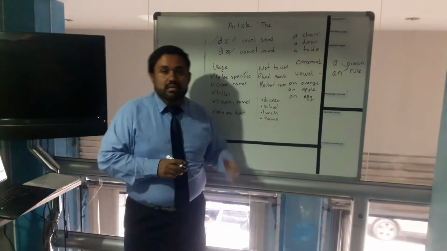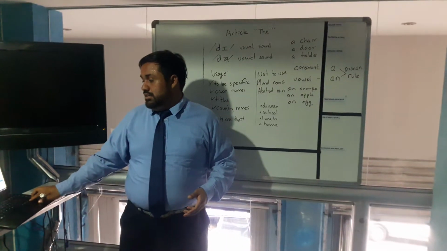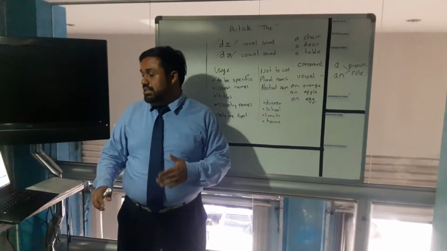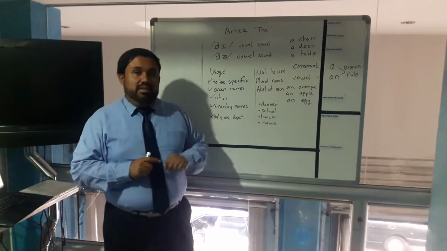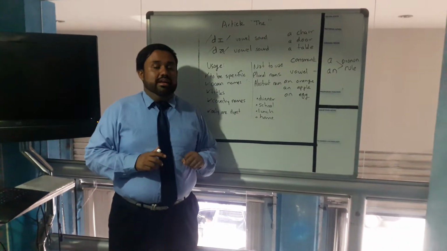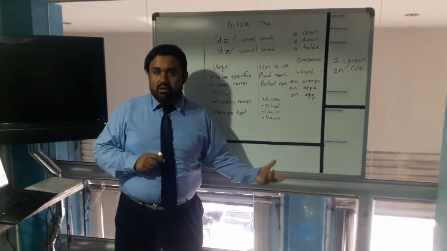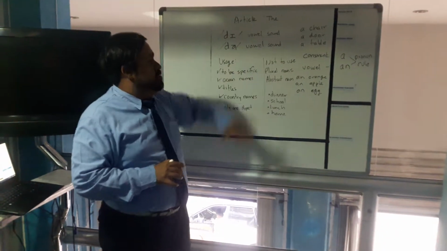When you have these, it's not possible to say the dinner. We had dinner at, for example, 5 o'clock, okay? You don't say we had the dinner at 5 o'clock, no, that's not possible. So these are the ways of how to use the articles.